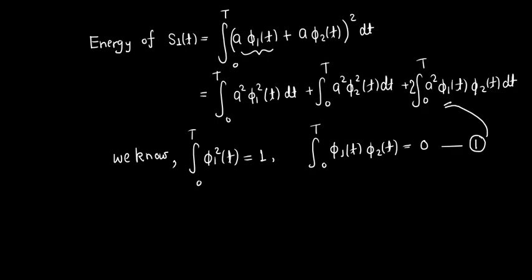So by using these two properties, what would be the energy of S1 t? It would be A square T plus A square T, the cross term will be 0.